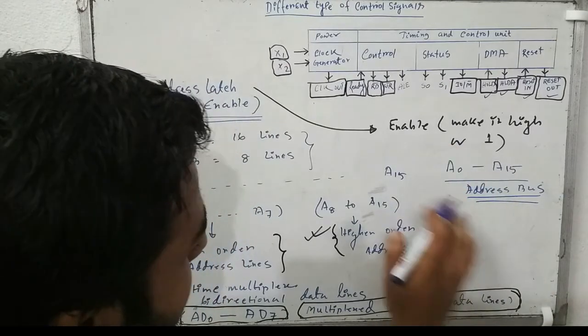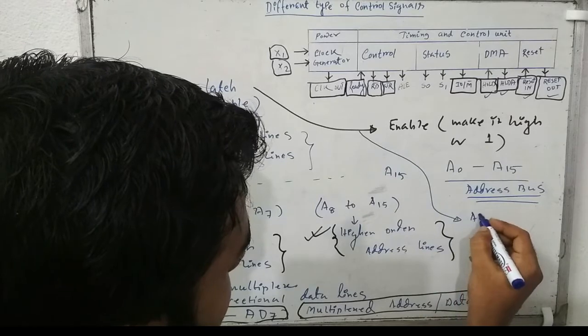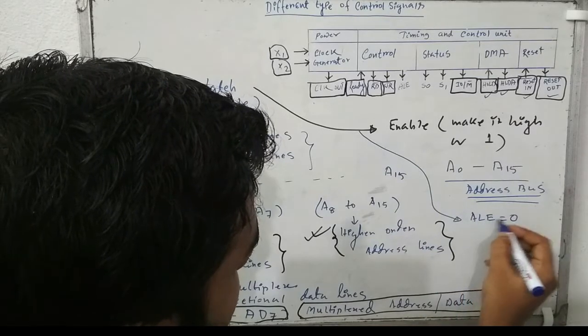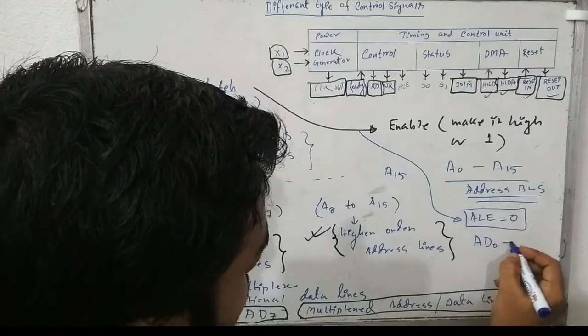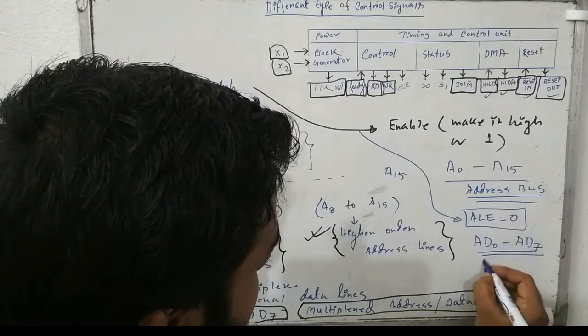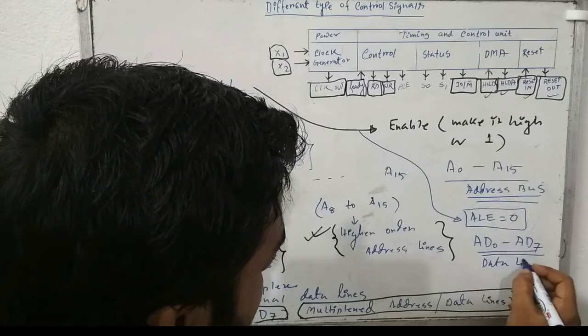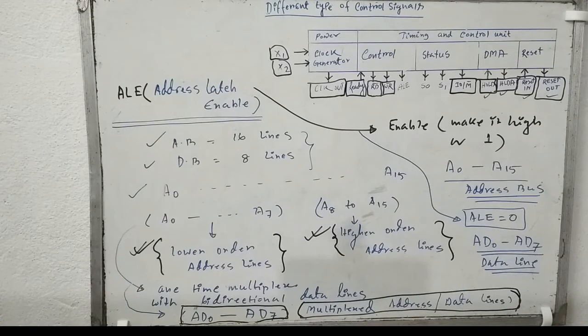But when the signal is disabled, that means ALE equals 0, then AD0 to AD7 will only work as data lines.